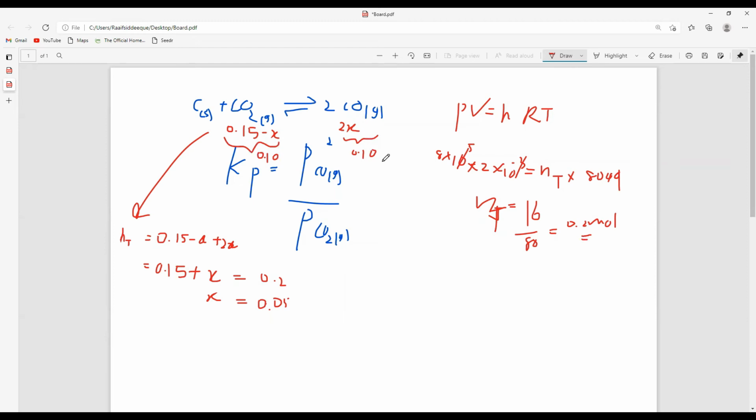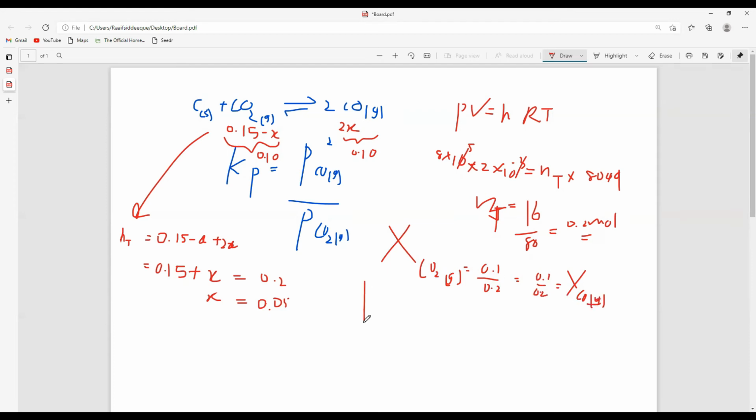Then what I can do is find the mole fraction of CO2 gas, which is now going to be 0.1 over 0.2. And this is also going to be equal to the mole fraction of CO gas as well, because the same amount is there.